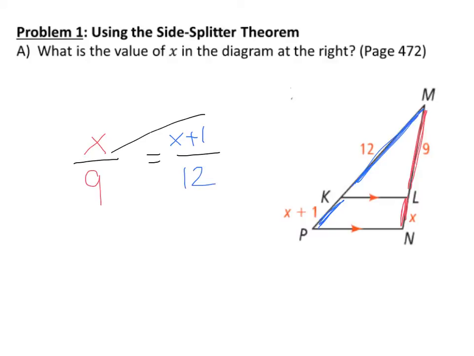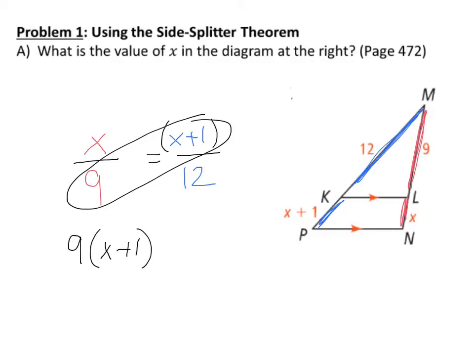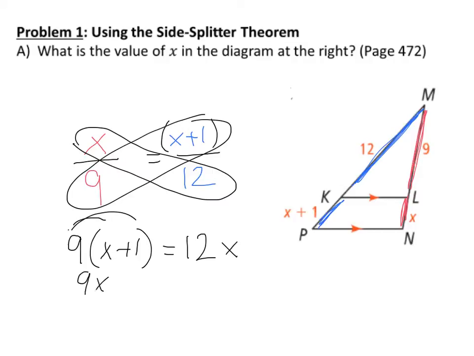Now we cross multiply to solve, and remember, when we have more than one term we need parentheses, so 9 times (x plus 1) equals 12x. Then we need to distribute, so 9x plus 9 equals 12x. Get the x's all to one side.